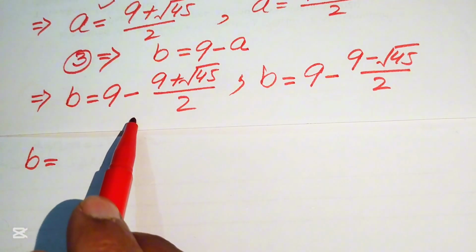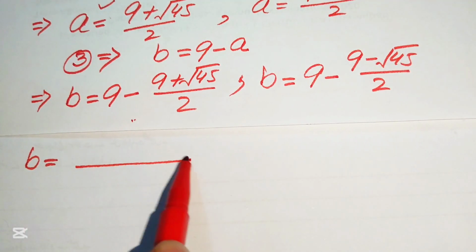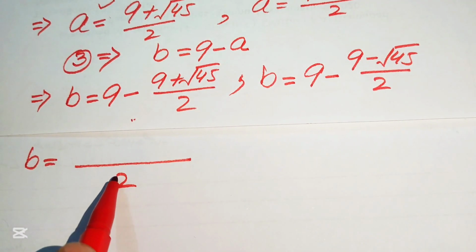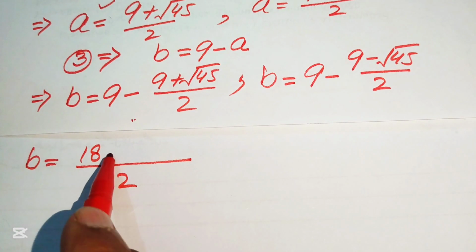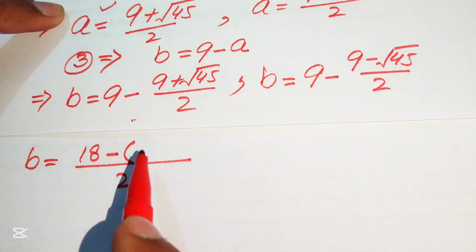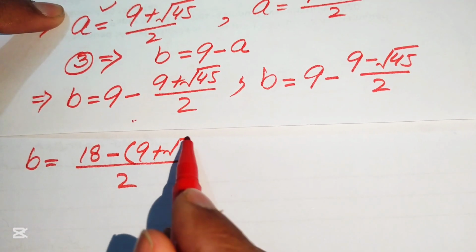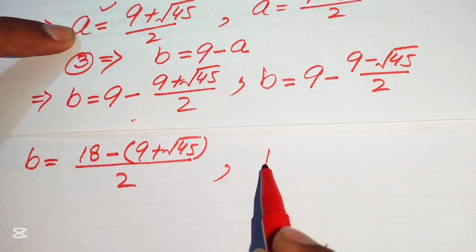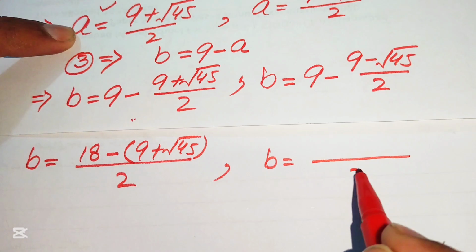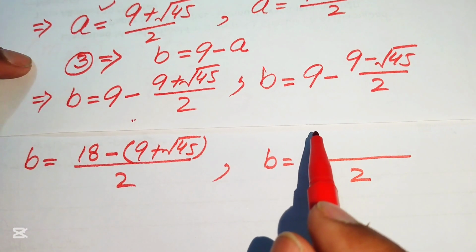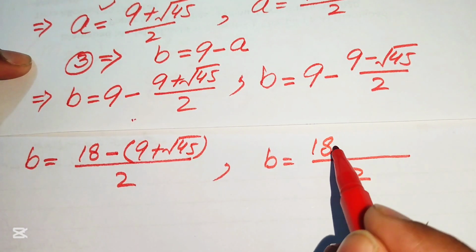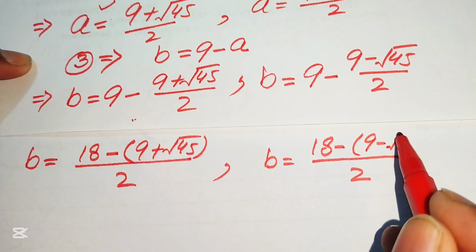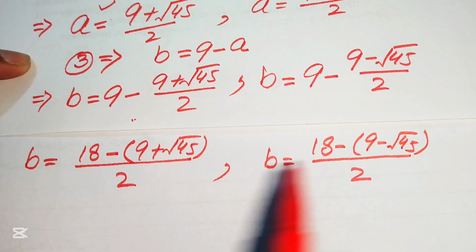First we focus on this equation. Now we take the LCM of this equation, and its LCM is 2. So you have 2 times 9 becomes 18 minus 9 plus square root of 45. Similarly, here we again take the LCM of this equation, and its LCM is again 2. So we will obtain 18 minus 9 minus square root of 45.